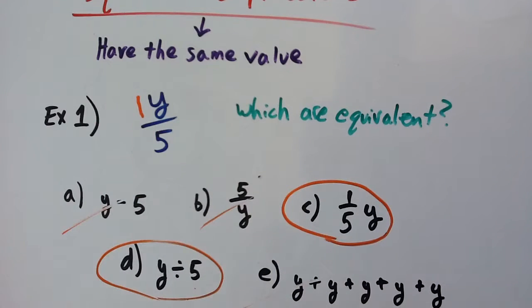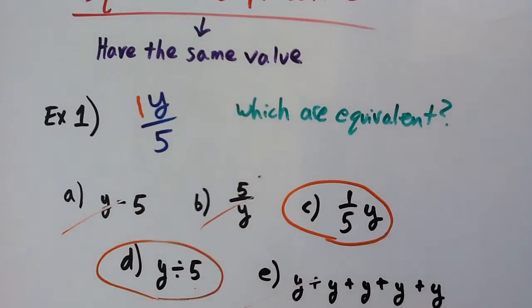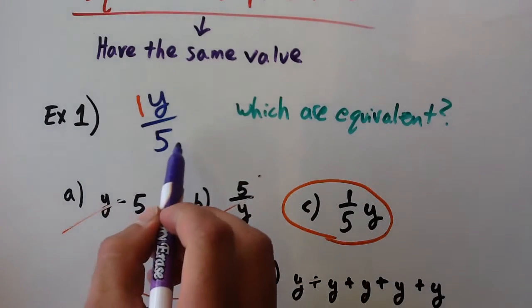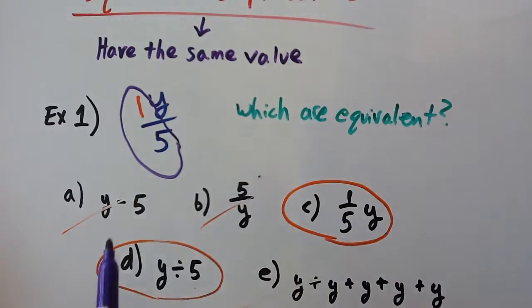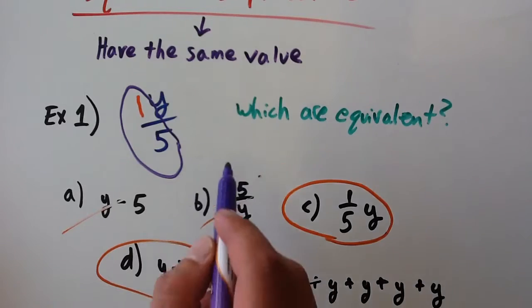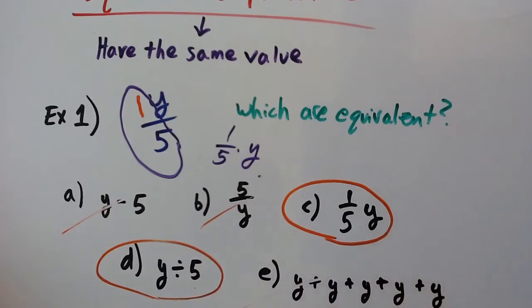Just like before, when you don't see the coefficient in front of the variable, the coefficient's 1. Well, same thing here. We could say this is 1y over 5. And if you do that, you can see how there is a 1/5 right here. I circle 1/5. 1/5 times y, which would be 1/5 y.